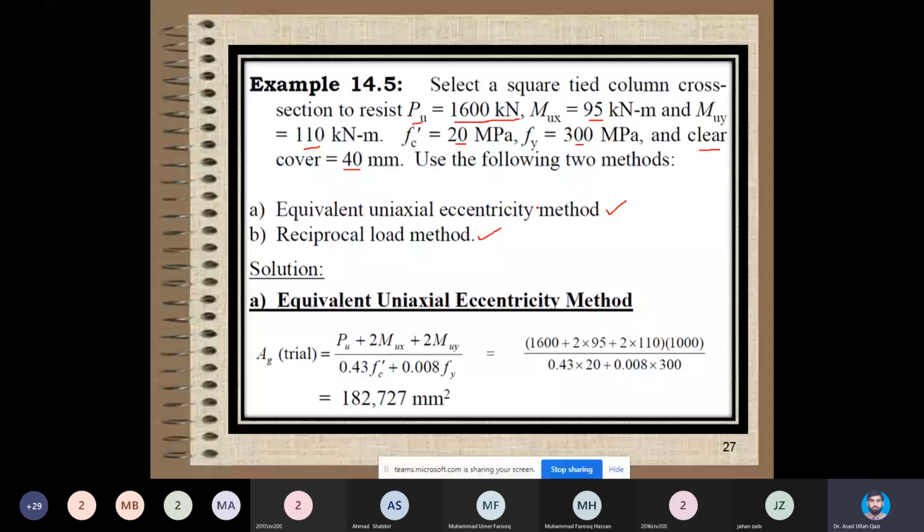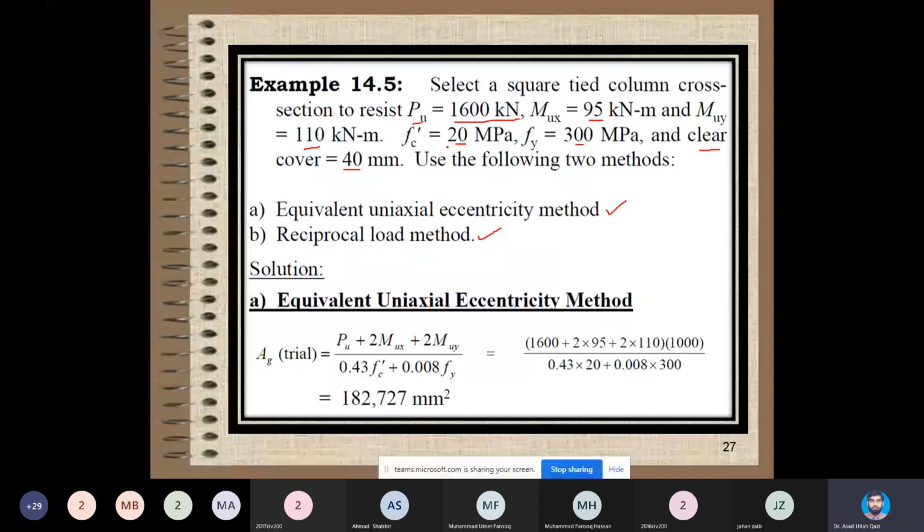Consult any chart. First decide what will be the gamma for this square column, and consult a chart with fc prime 20 and fy 300 and get the reinforcement ratio.